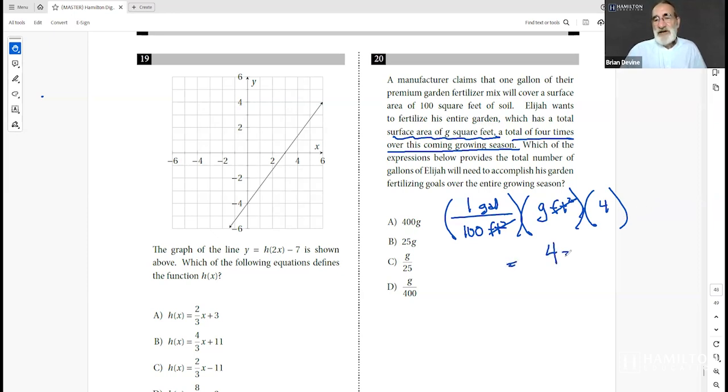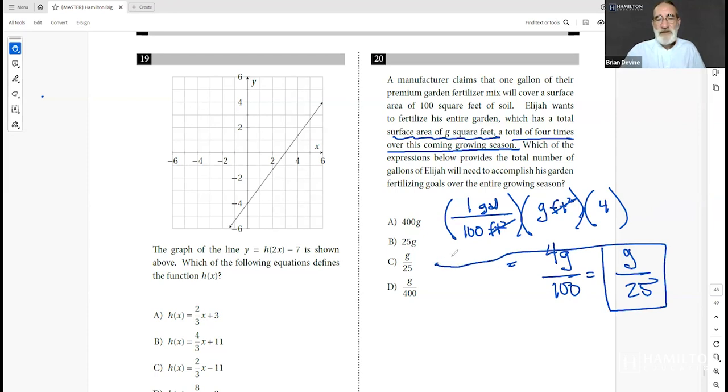So 4g over 100 would be the same as g over 25, which is right here. C.